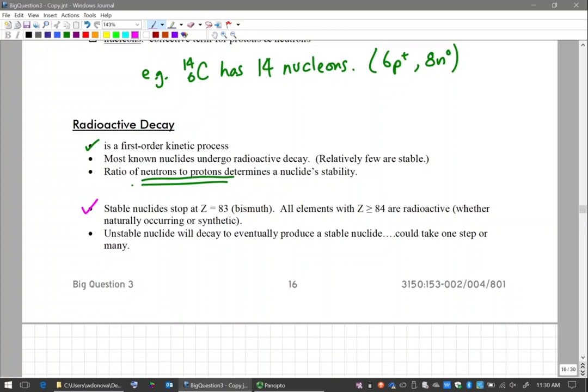There are no stable nuclides found after bismuth. There are long-lasting, naturally occurring isotopes of some of the elements after bismuth. If you look on the periodic table, recall black print is solids, red is gases, blue is liquids at standard conditions. The outline letters are elements that are synthetic, that have to be made by people.